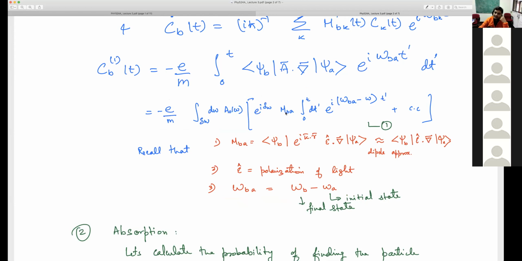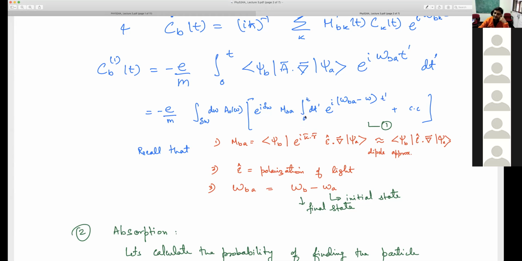And then I had, of course, the phase of e to the power I delta MBA, where MBA was this quantity psi b e to the power I k dot r polarization dot del times psi a. And if you use dipole approximation, this will just become polarization dot del psi b psi a expectation value.